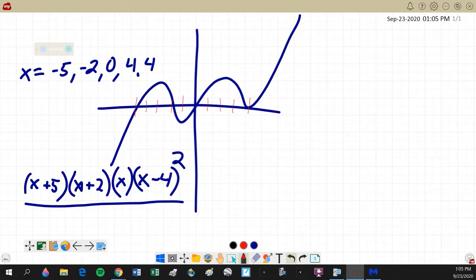And that is the first part and the last part. What will the first term be? X to the 1, 2, 3, 4, 5. Right? And it's positive.